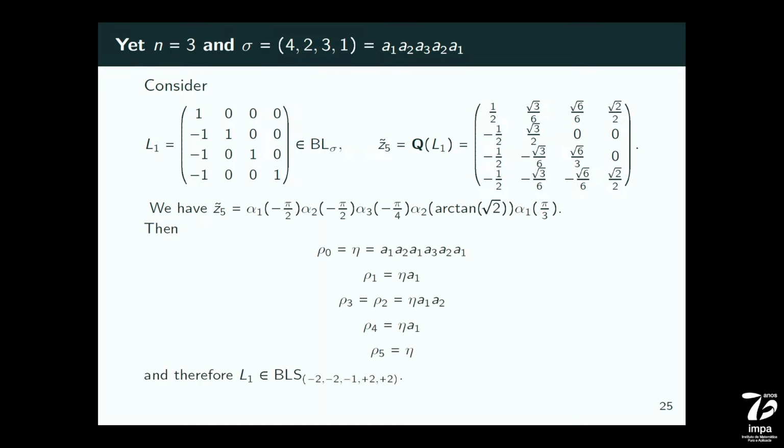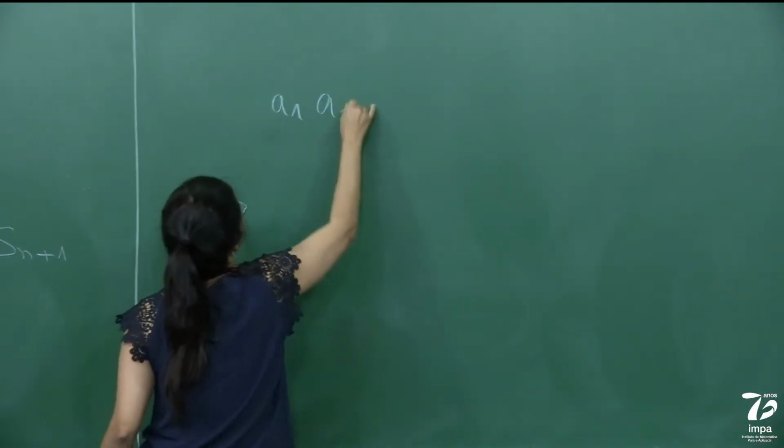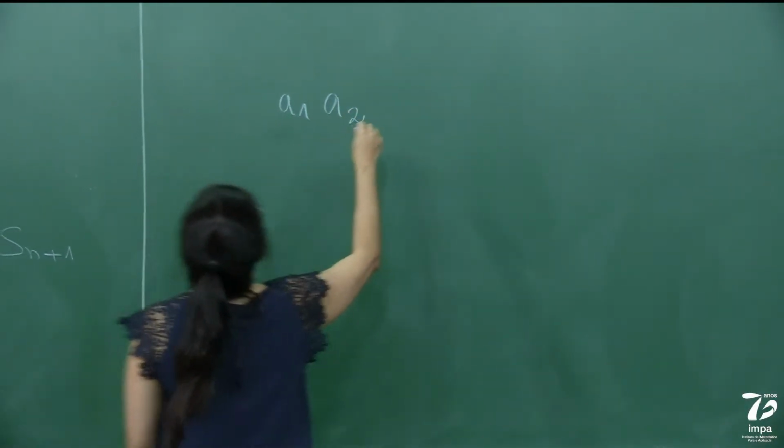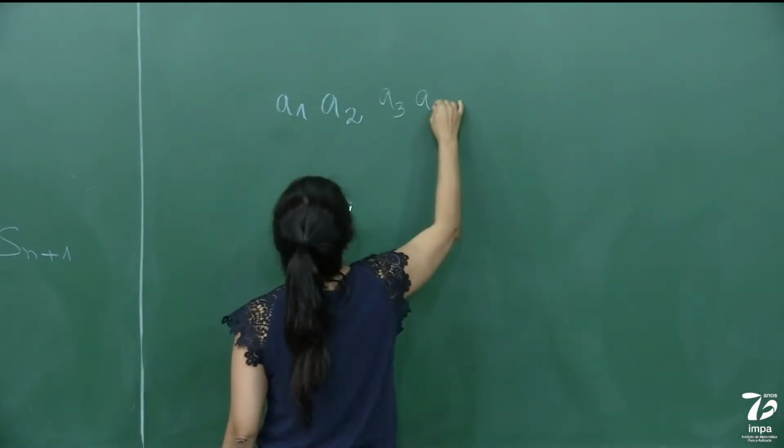So here we did the computation in the orthogonal group, not in the spin group. The orthogonal group was easier. We wrote this matrix like a product like that. So we are using the alpha 1, alpha 2, and so on. And so let me try to at least give an idea of what we are doing. Let's say this is A1, A2, A3, A2, A1.